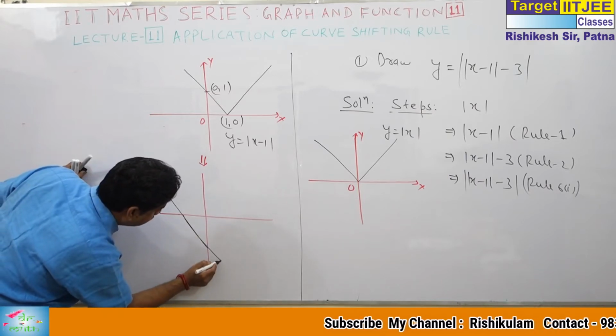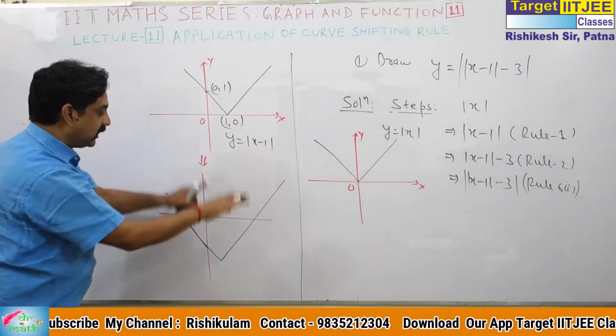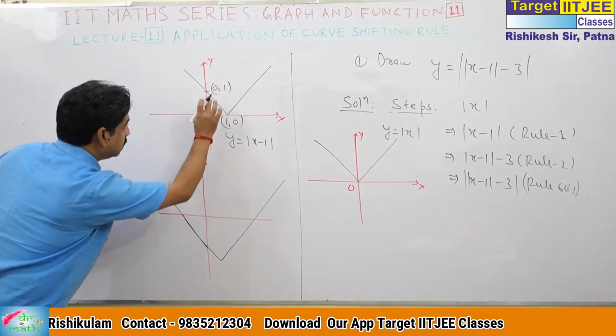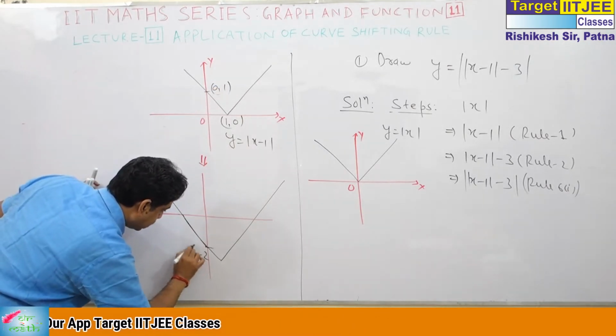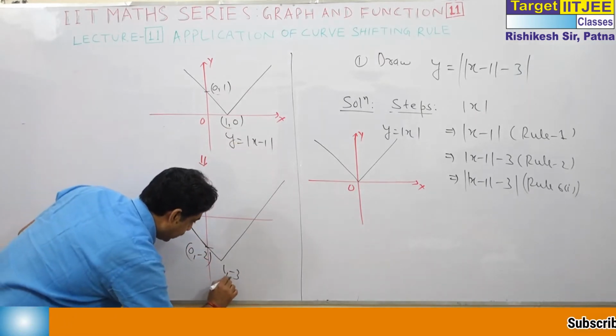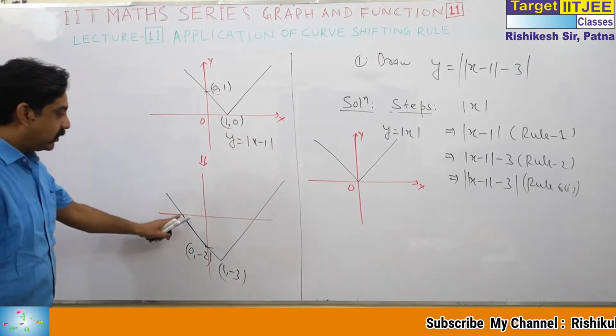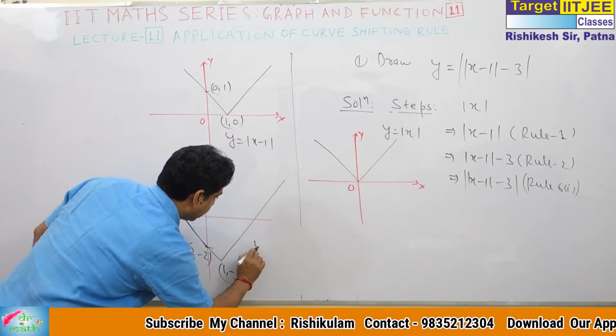Here it turns. What are the points? When we shift 3 units downward, 0, 1 will shift to 0, minus 2, and 1, 0 to 1, minus 3. And what are these other points?